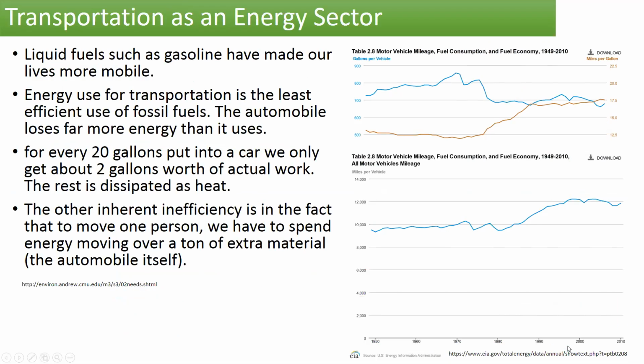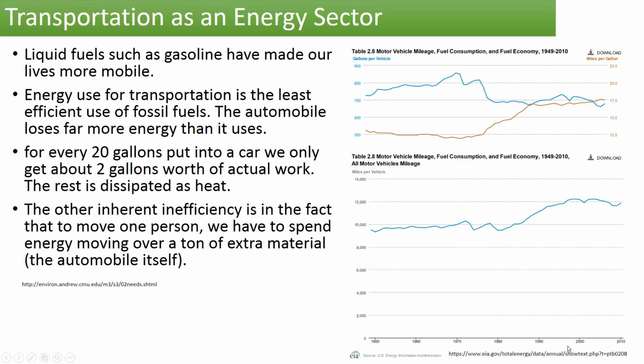So let's talk about transportation, because transportation is one of the major players in consuming energy in today's world. For example, this graph over here on the right is motor vehicle mileage, fuel consumption, and fuel economy.